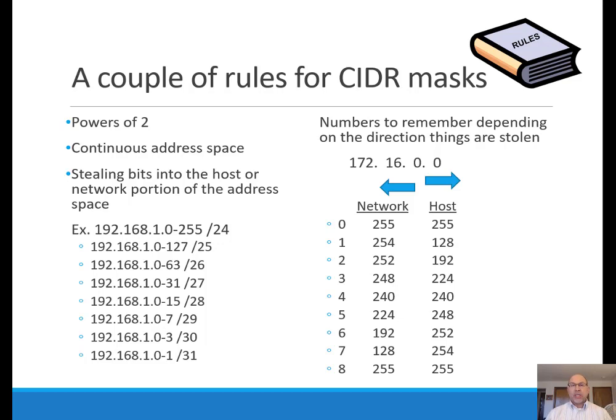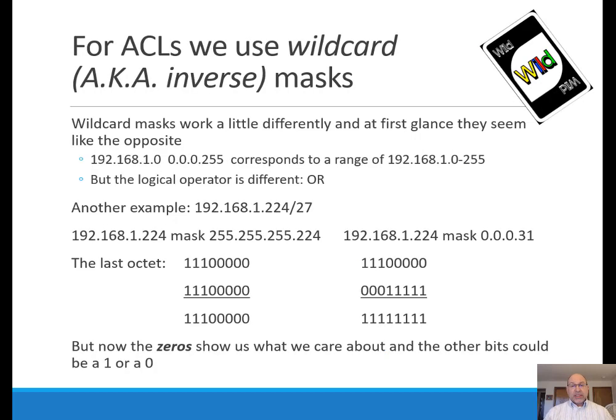So there are a couple of limitations for network masks. For ACLs, we use wildcard or inverse masks. Wildcard masks work a little bit differently, although at a glance, they seem like they're just the opposite.